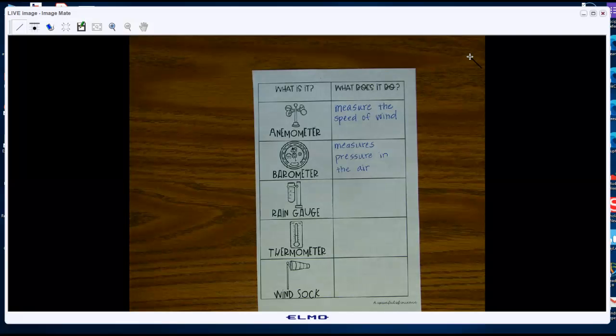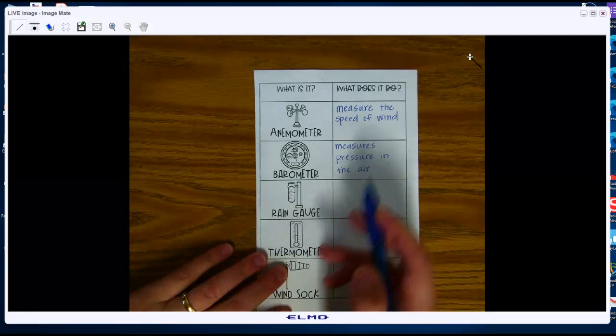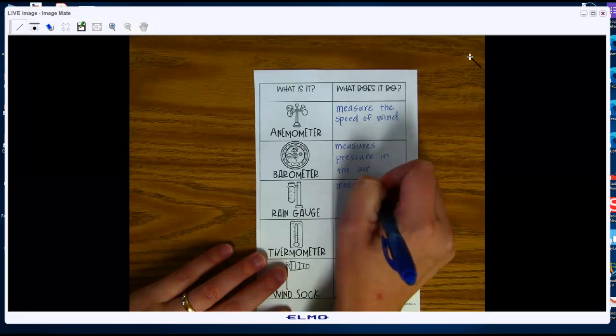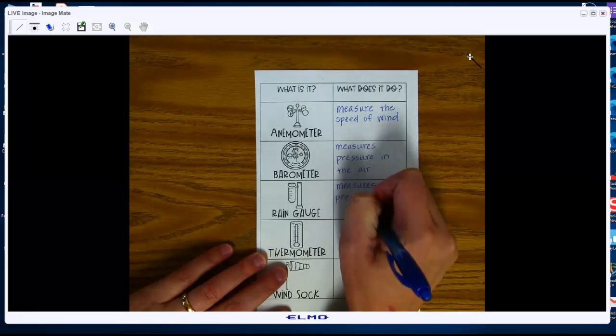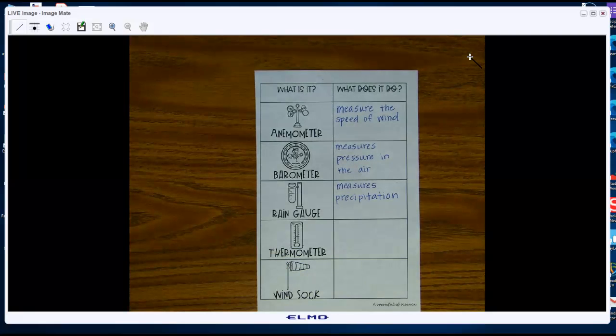That's the only thing. Okay, so rain gauge measures precipitation. Remember that big word from yesterday? Measures precipitation.